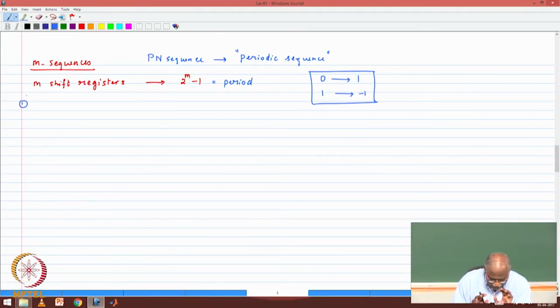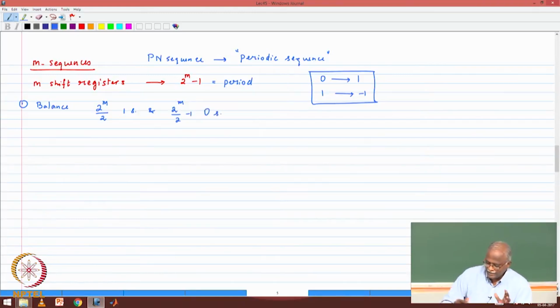Again, just interesting for us to observe: the balance property. The number of zeros and ones are almost the same, and actually there is a very precise relationship. There are 2^m / 2 ones and 2^m / 2 minus 1 zeros.